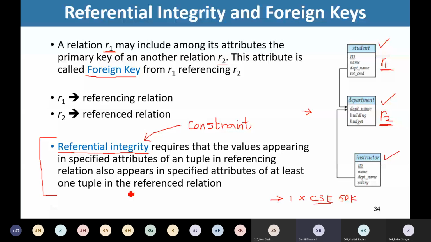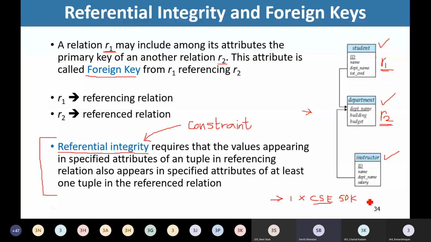Referential integrity and foreign keys are among the most important concepts. So please go through all those concepts once again: what is a candidate key, what is a super key, what is a primary key, and what is a foreign key. I hope you have understood the concepts.